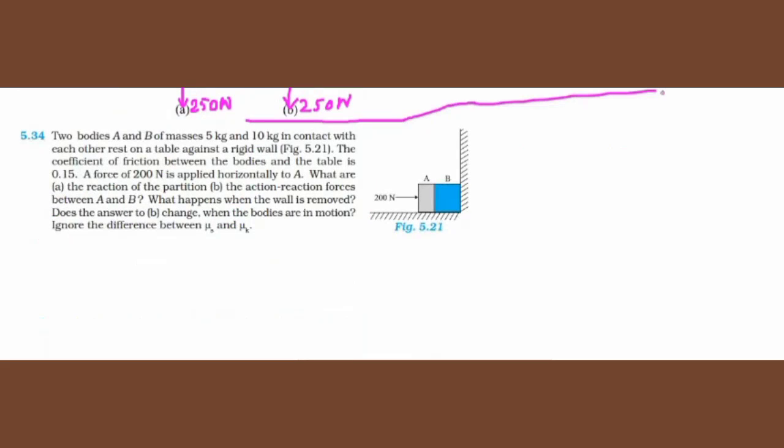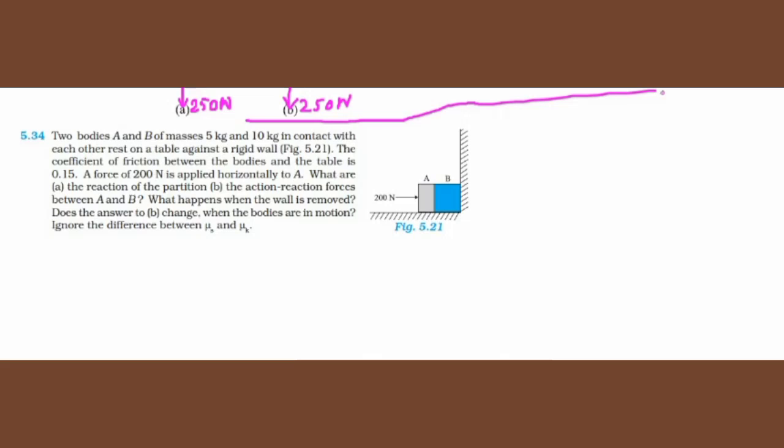Now, question 34. Question 33 we have discussed already. So question 34. Two bodies A and B. A is 5 kilogram, B 10 kilogram. Coefficient of friction is 0.15.